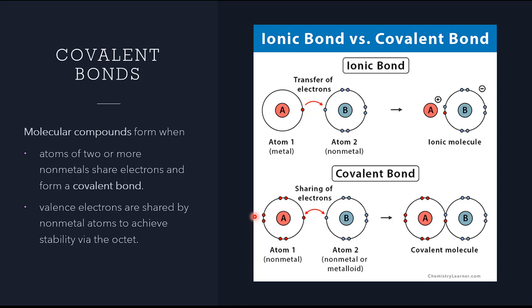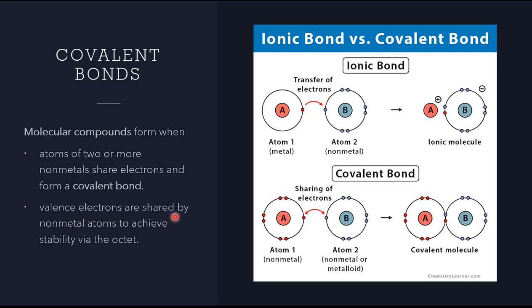So again, just to remind ourselves, when we're talking about molecular compounds, we are talking about when electrons are going to be shared between the two nuclei of atoms through a covalent bond, versus when electrons are transferred between two atoms in the ionic bond. So just to reiterate, molecular compounds form when atoms of two or more nonmetals share electrons and form a covalent bond.